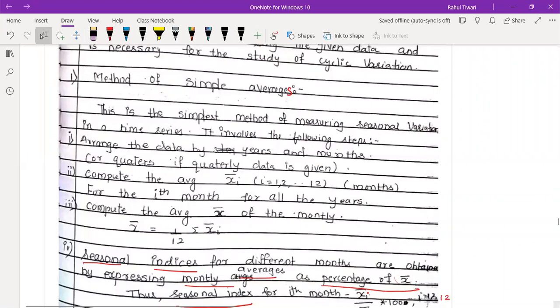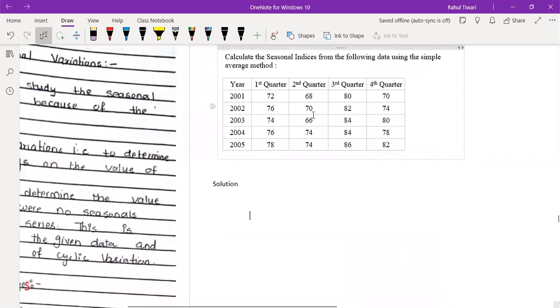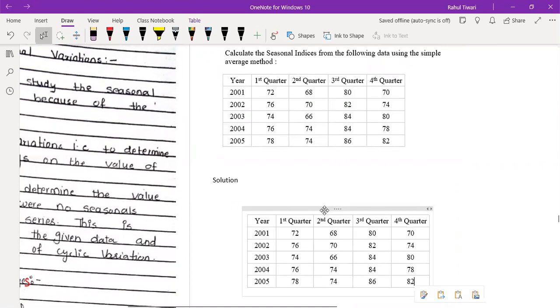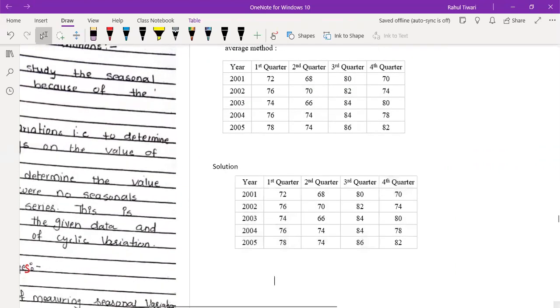If you look at the data here, it is given quarterly, so we need to arrange the data quarterly. I think that is already arranged, so I will just copy it as it is and paste it here. The first step is simple.